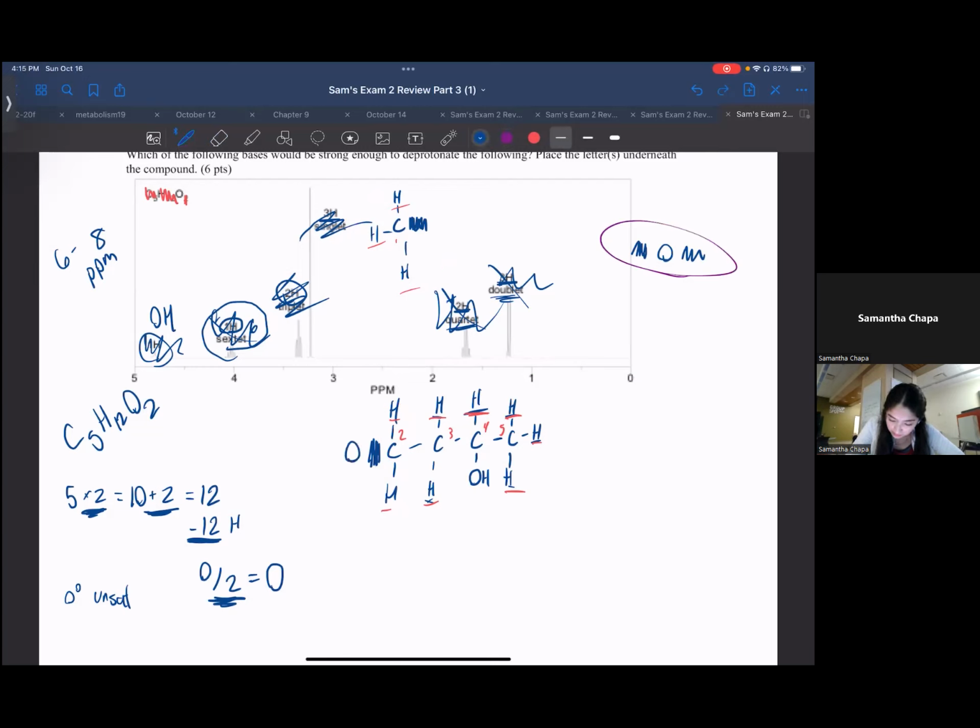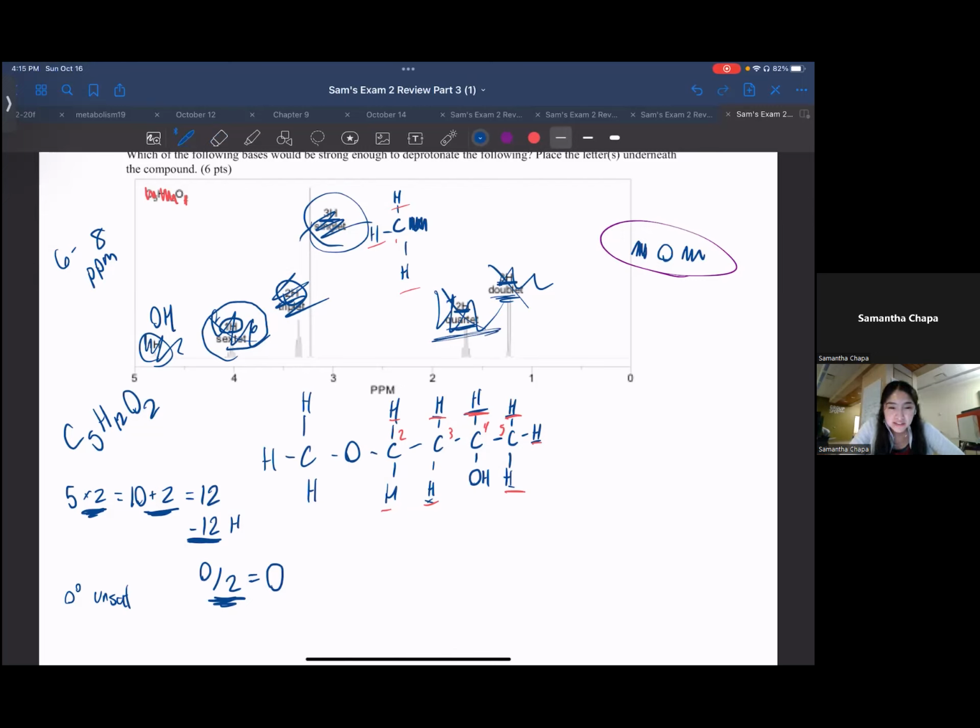I'll do that. Awesome. And attach this group to this. And so that'll explain why this 3 hydrogen singlet is more downfield than a lot like the quartets and everything.